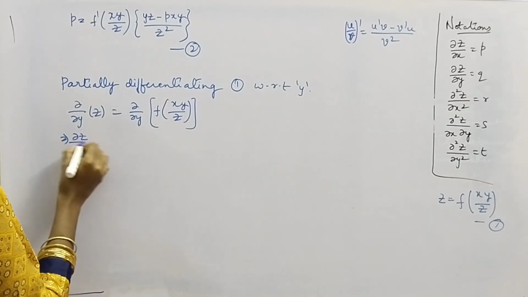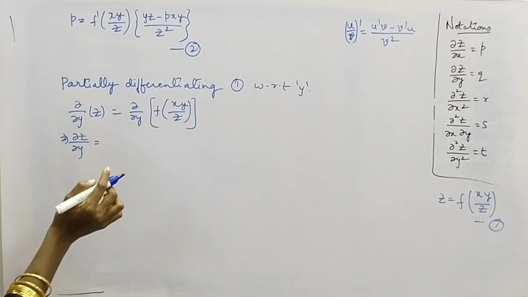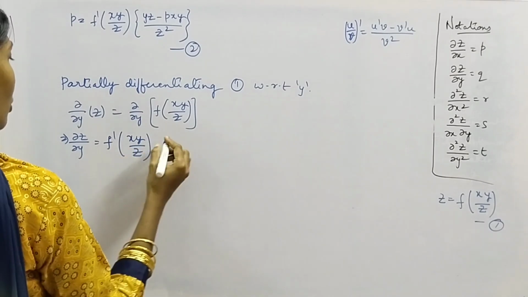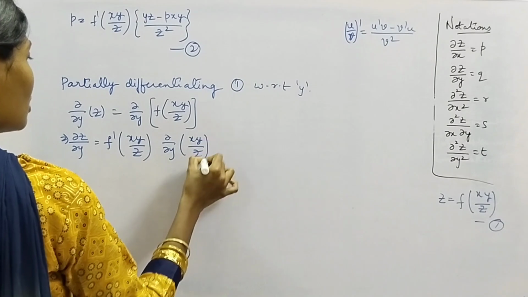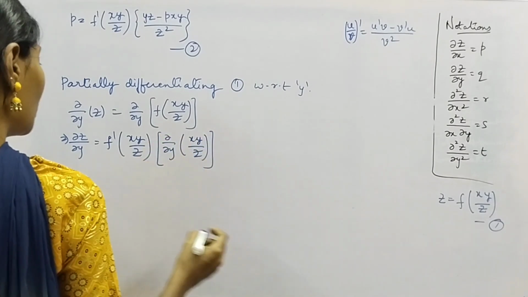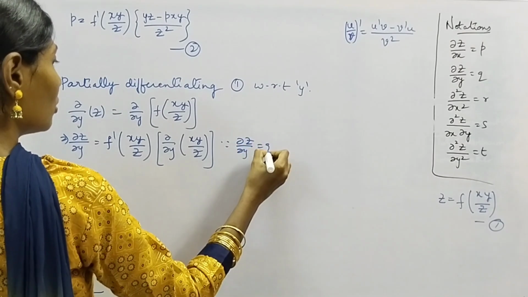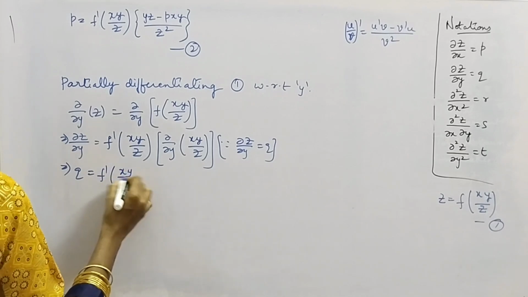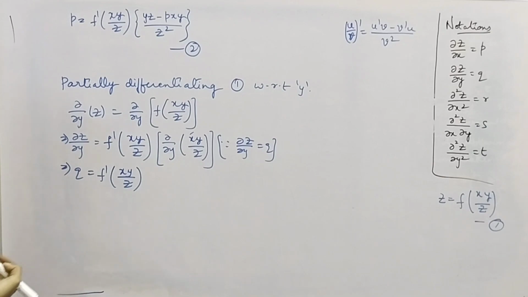This gives us dou z by dou y equal to the partial derivative of f of xy by z, which is f dash of xy by z into the inner derivative, that is dou by dou y of xy by z. Since we have the notation dou z by dou y equal to q, let's replace dou z by dou y by q. We'll get q equal to f dash of xy by z into, here x is treated as constant since we are partially differentiating with respect to y.